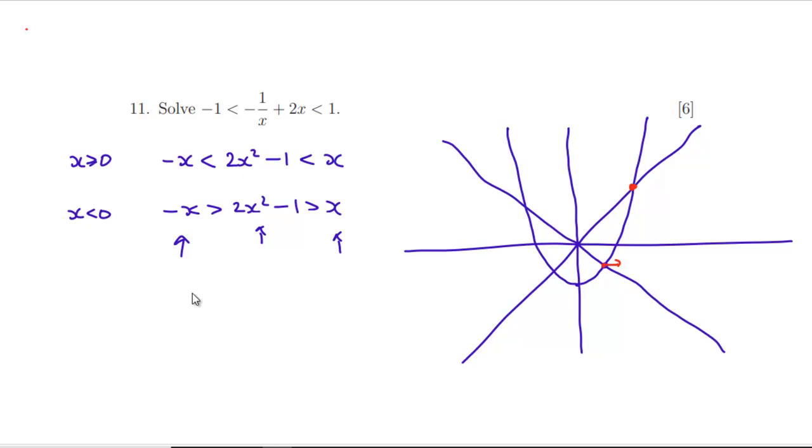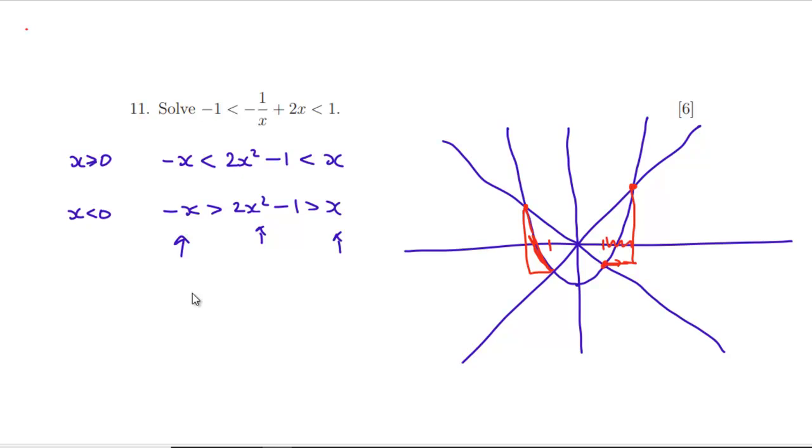So it's between these 2 points that we're looking at. We're looking at that region. And then on the other side, I'd imagine it's going to correspond. So we need to be below y is minus x. So that's below here. So that's this bit. And above y equals x. So that's that bit. Yep. So they're the 2 areas that we want.